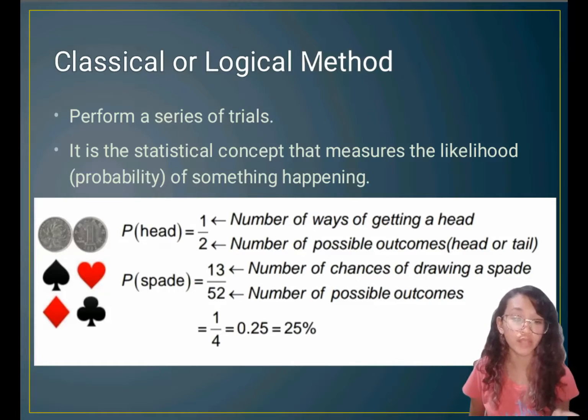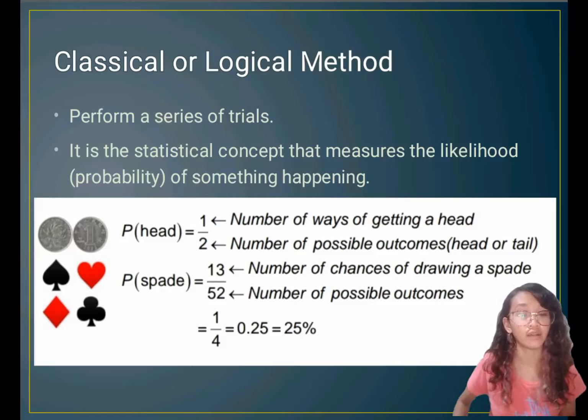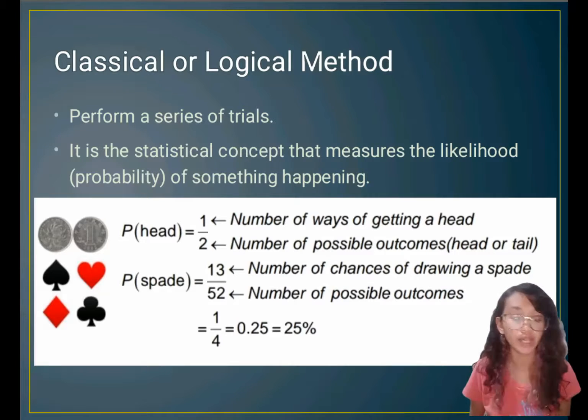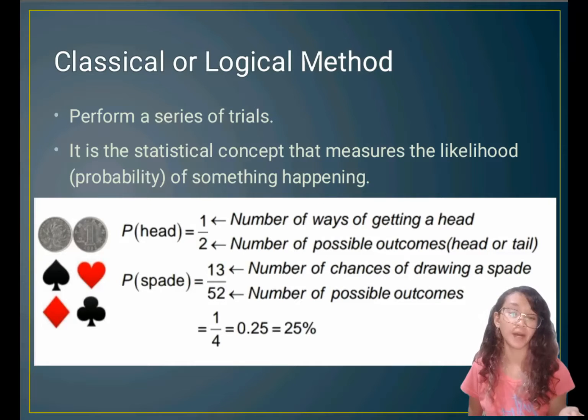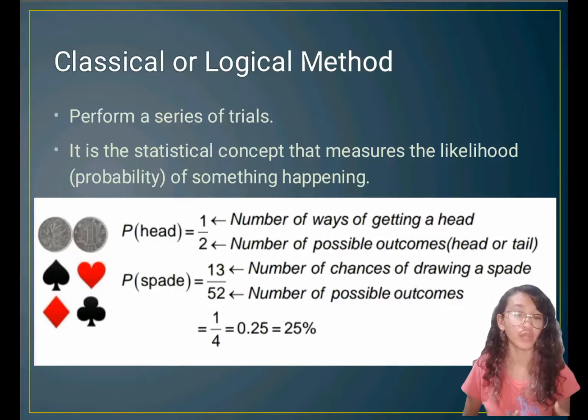The 1 is the number of ways of getting a head, and the number below is the number of possible outcomes, head or tail. Then another example, drawing a spade, it is 13 out of 52. That is 1/4, or 25%.